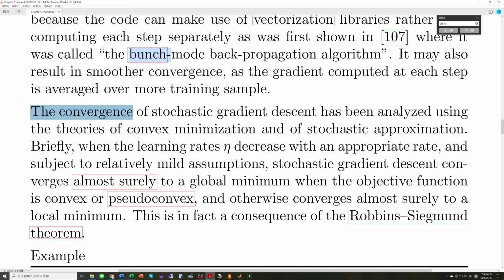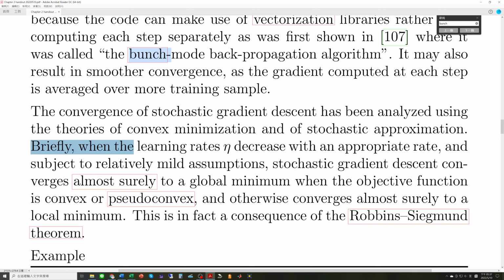Okay, the convergence of stochastic gradient descent has been analyzed using the theories of convex minimization and of stochastic approximation. Due to the time limitation, I do not intend to introduce them here.